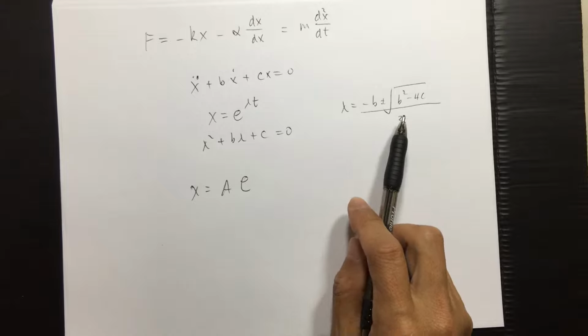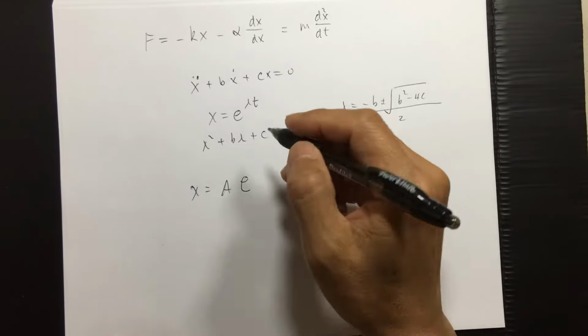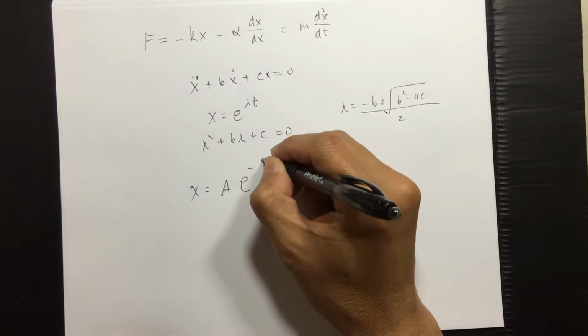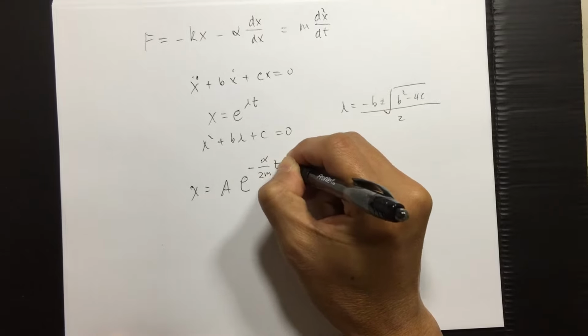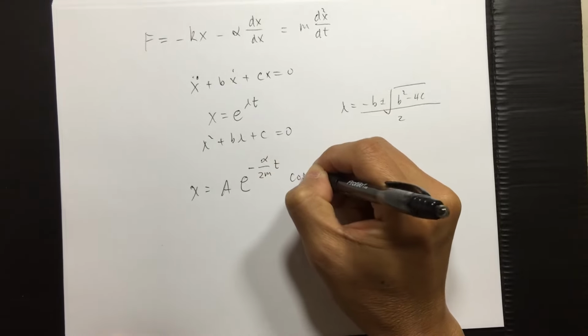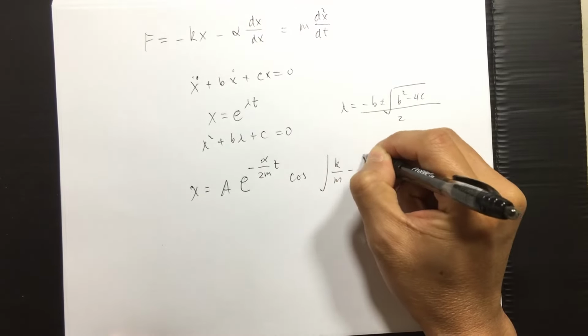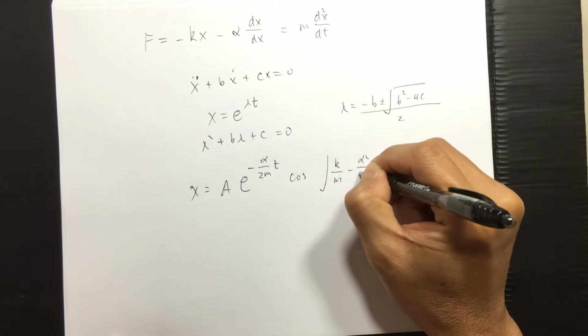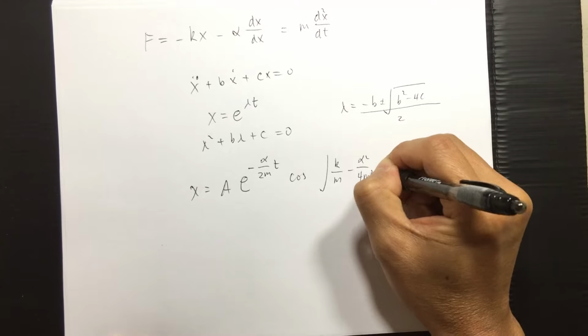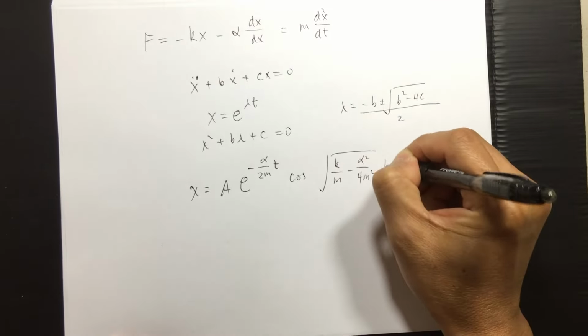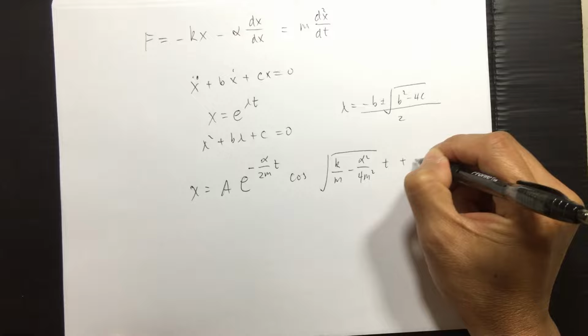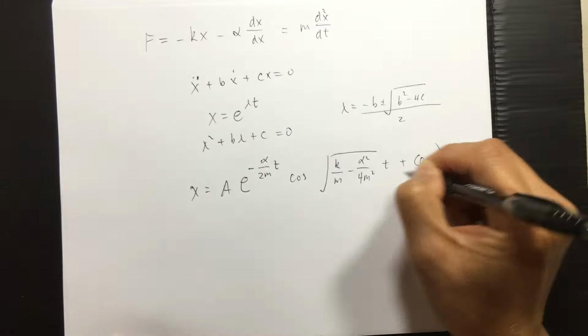This comes out, and I'm going to put it all back. It equals alpha over 2m t, cosine of the square root of k over m minus alpha squared over 4m squared, times t, plus some kind of an angle.